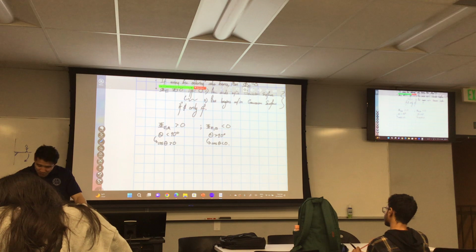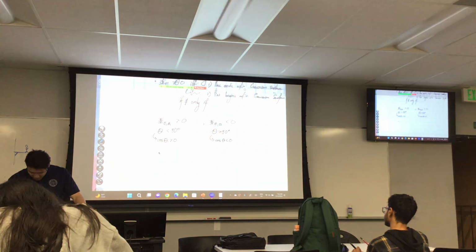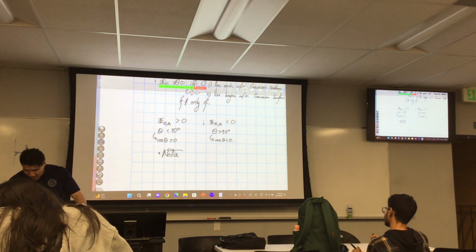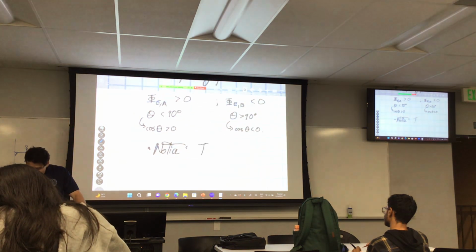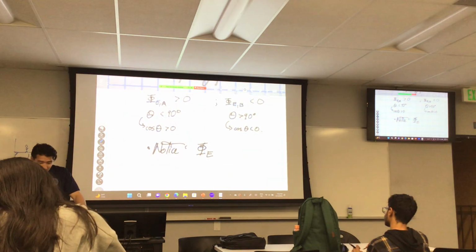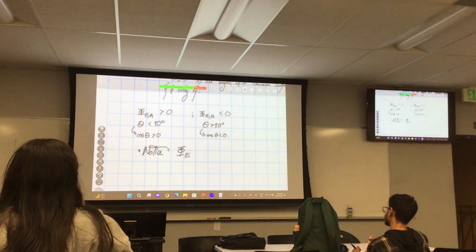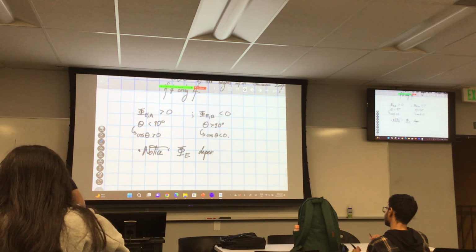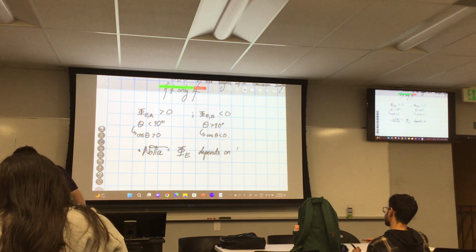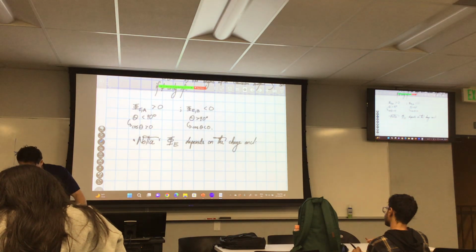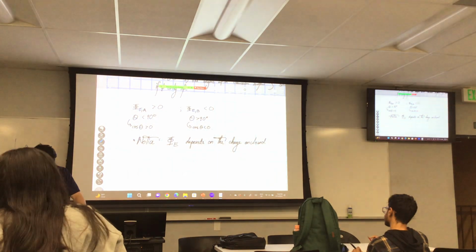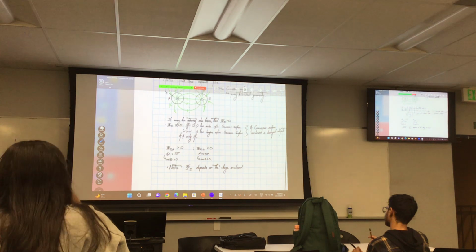And so what I was hoping to convince you of by this set of examples is to notice that the flux depends on the charge enclosed.